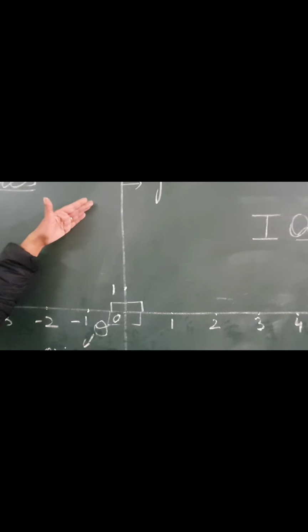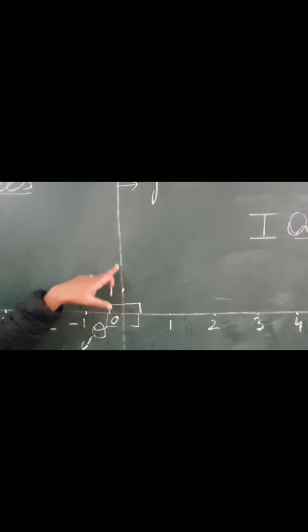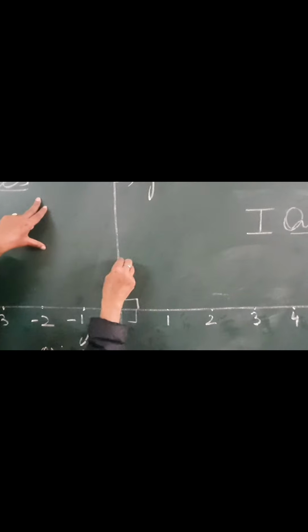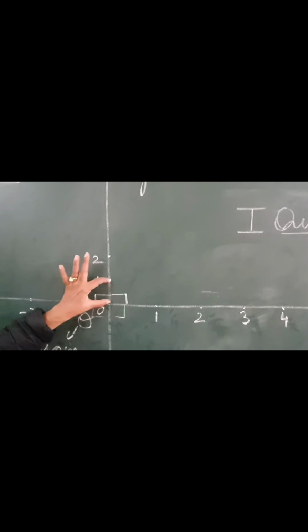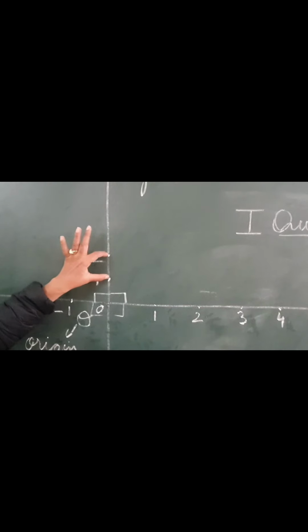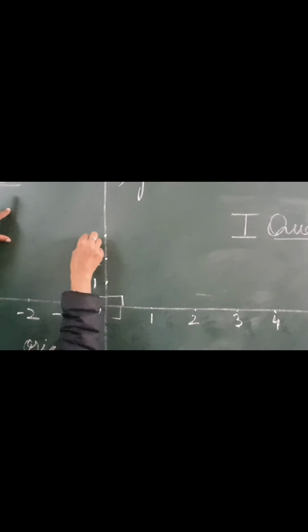Now on the y-axis, the part of the line which is above this horizontal axis, above this point 0, we are going to take all positive points. Again, whatever the gap between 0 and 1, the same gap you will take between 1 and 2 and so on.